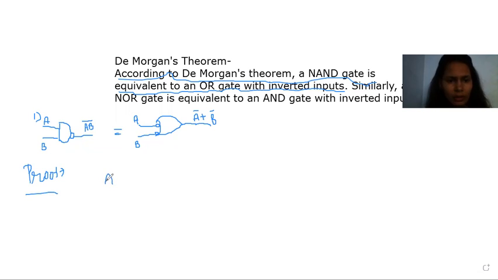First of all, we will write the inputs. So A and B are inputs. There are two inputs. So how many combinations are possible? Four combinations.